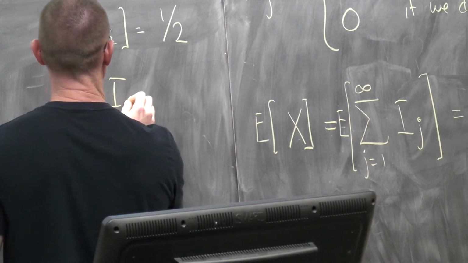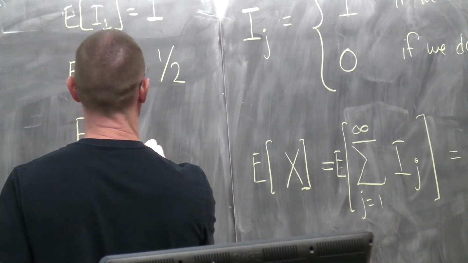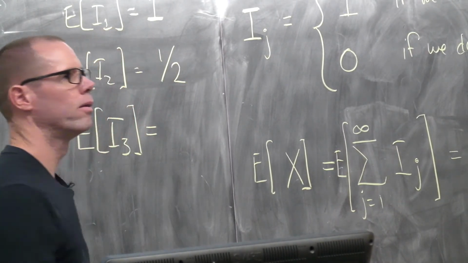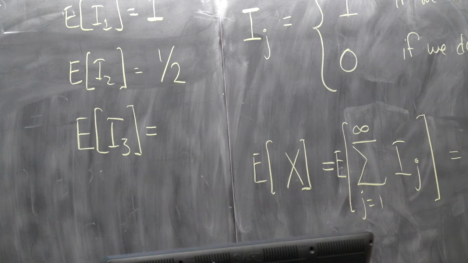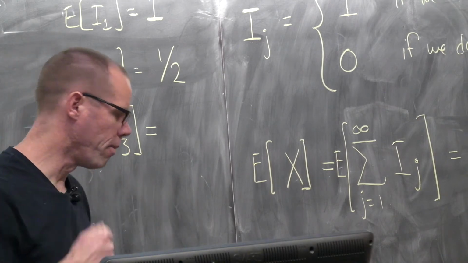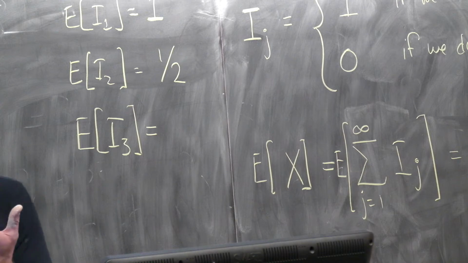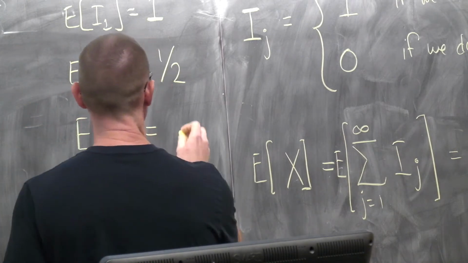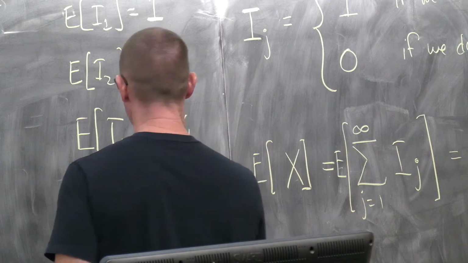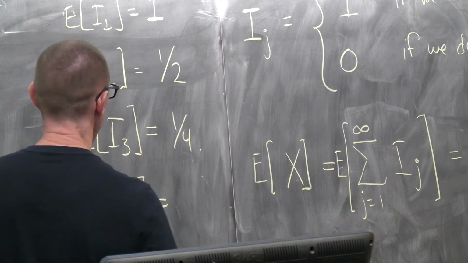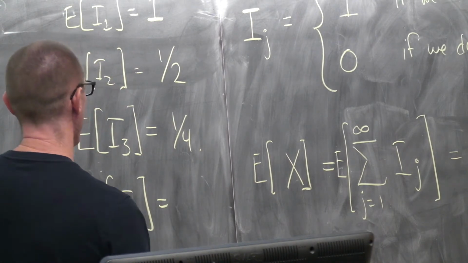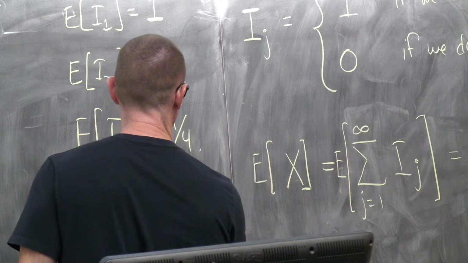What's the expected value of I sub 3? This is where my daughter would say 1/3. It's 1/4. If we need to toss a coin a third time, that's because the first two coin tosses came up tails, and that happens with probability 1/4. Then if we need to toss the coin a fourth time, that's because the first three came up tails, which happens with probability 1/8.